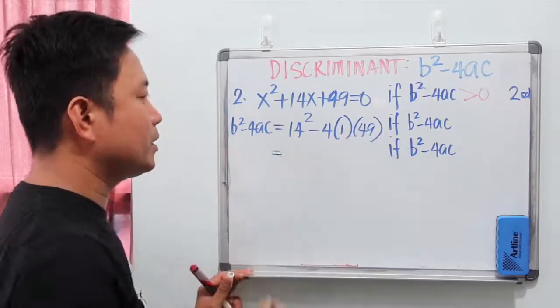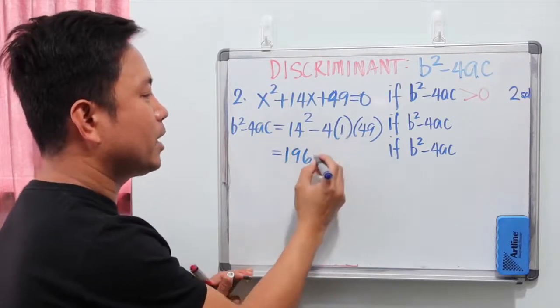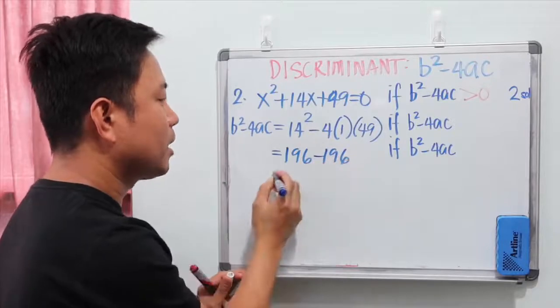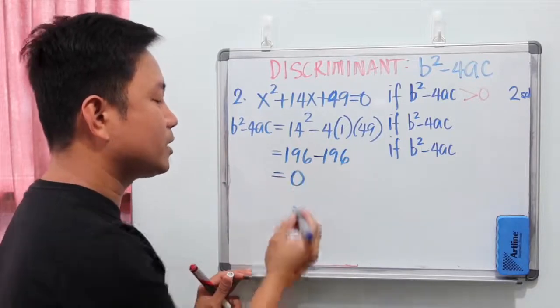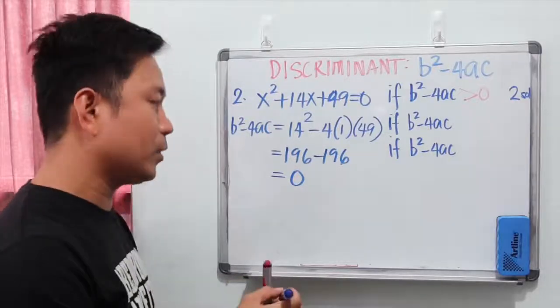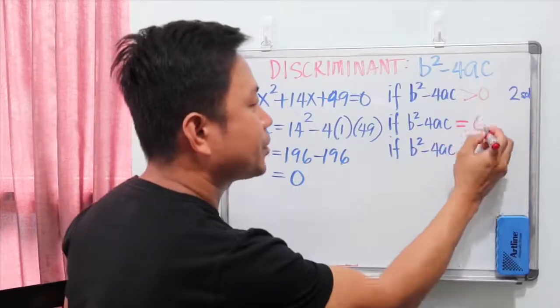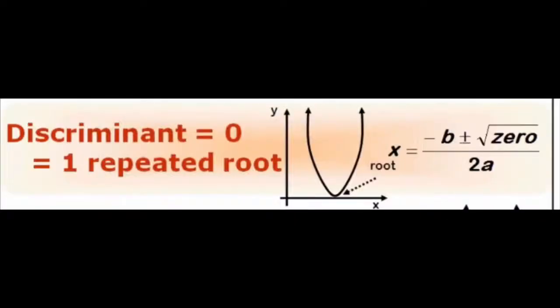Simplifying this, we have 196. 4 times 1 times 49 is also 196, which means our discriminant is 0. So if the number inside the square root is 0, then we will have only one answer. That means we will have one solution.